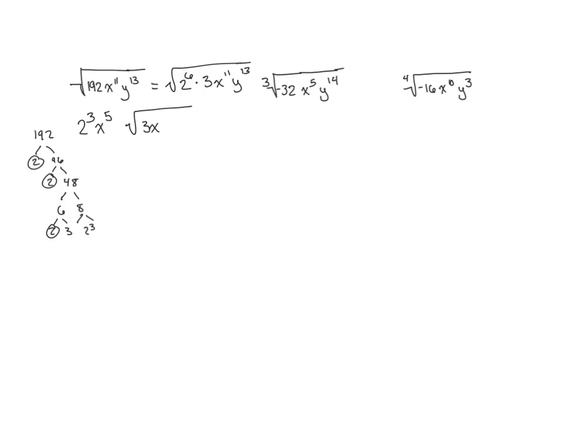And then y to the 13th, 13 divided by 2 gives y to the 6th, and then y to the 1st, because there's a remainder of 1.